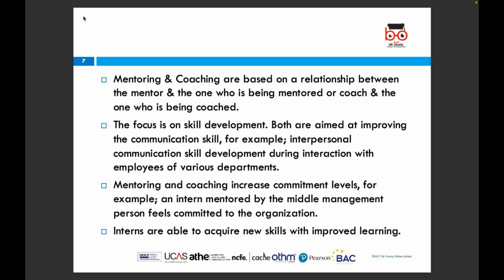For example, interpersonal communication skill development during interaction with employees of various departments, and mentoring and coaching increase commitment levels. For example, an intern mentored by a middle management person feels committed to the organization. So interns are able to acquire new skills with improved learning, right?